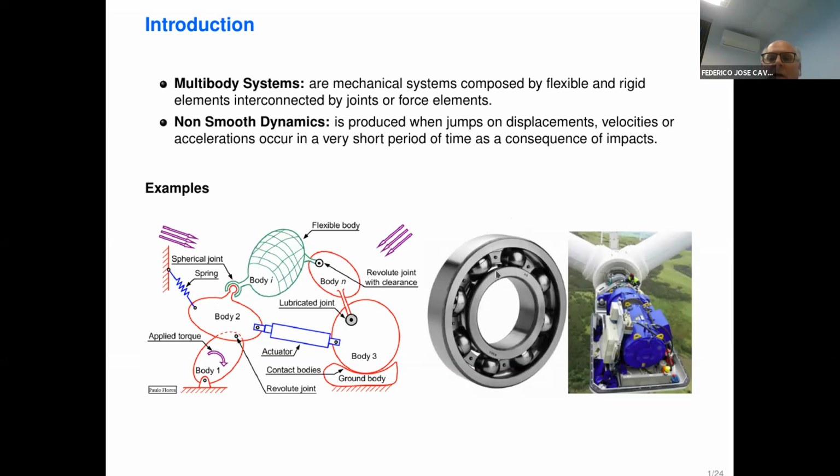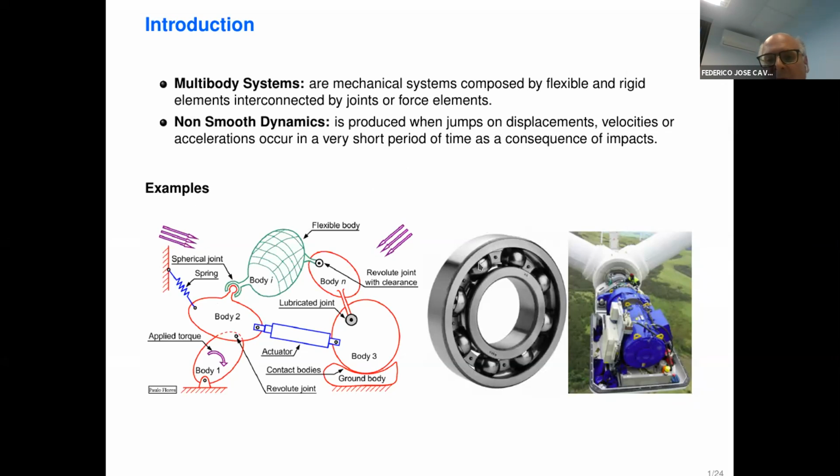For example, here you have 2 real-world applications of multi-body systems subjected to non-smooth dynamics. For example, in the ball bearing as a consequence of the gap.